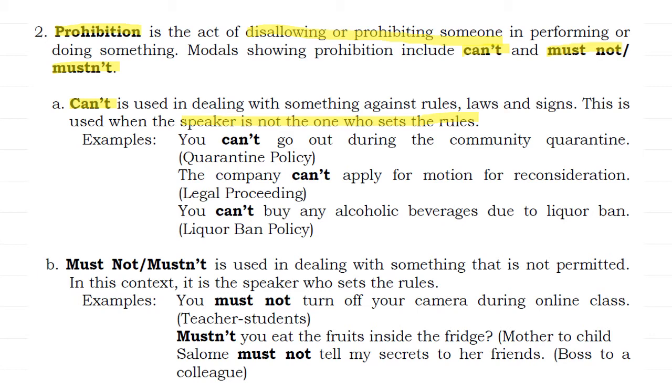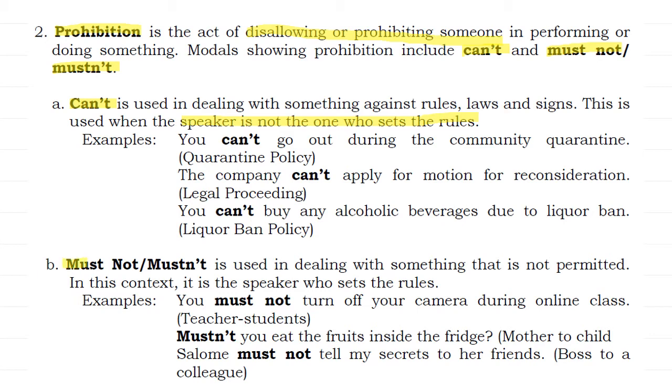This quarantine policy was not set by me. Next, the company can't apply for motion for reconsideration. And then the third example, you can't buy any alcoholic beverages due to liquor ban. So that is the liquor ban policy.